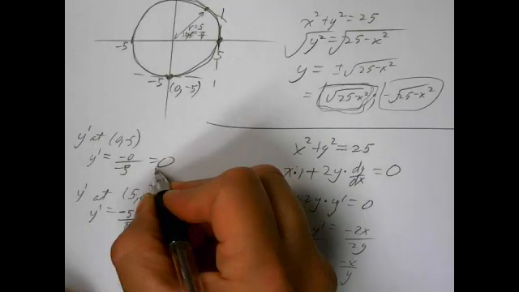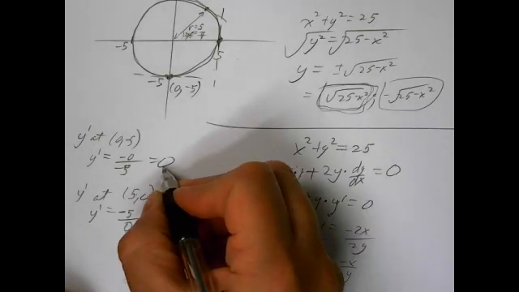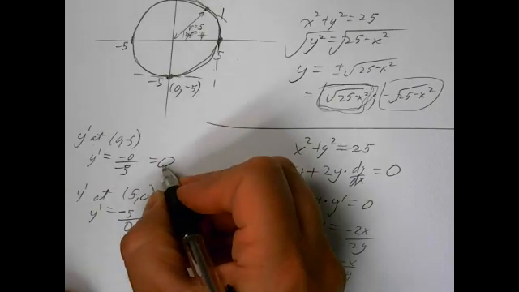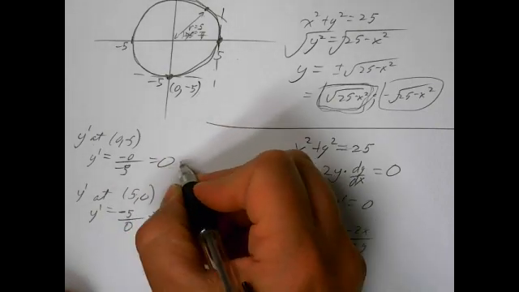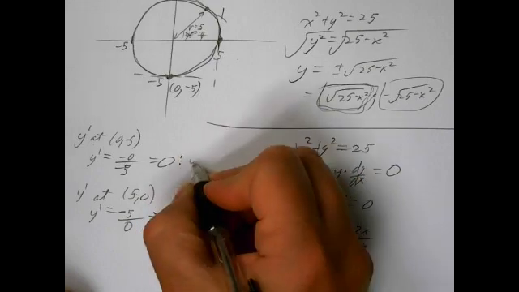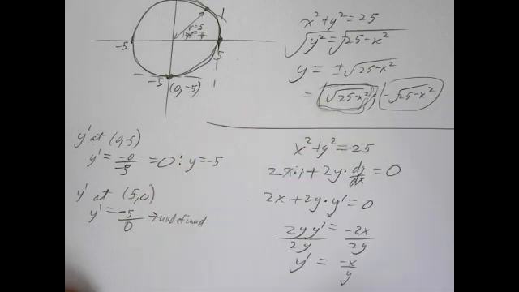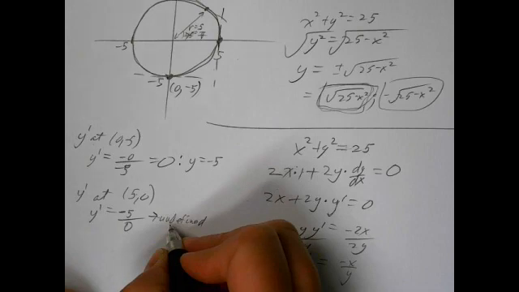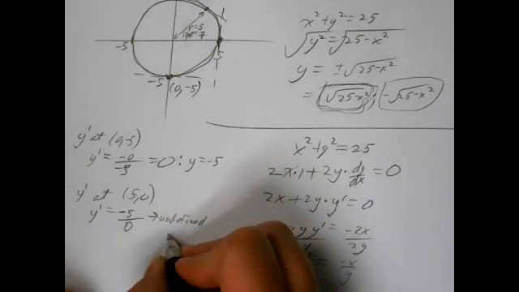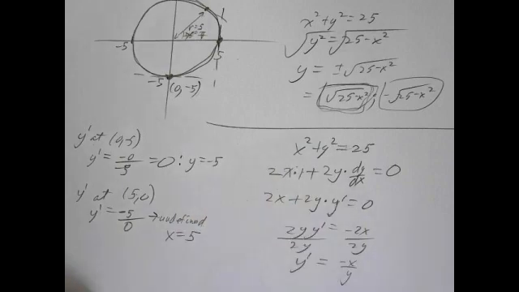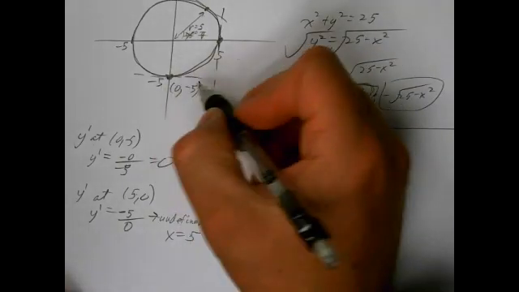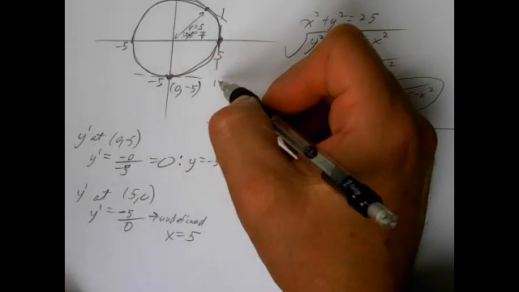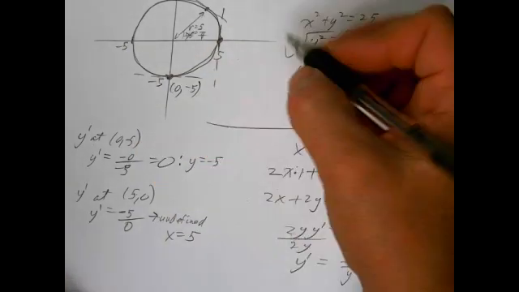So since this slope was 0, and the equation of a horizontal line is in the form y equal to, we conclude that this is a y equal -5 on this one. This is undefined, and an undefined slope has an x equal to format for its equation, so this is an x equal 5. All right, now, we've got those done. Those are pretty clear. They did exactly what we would have suspected.